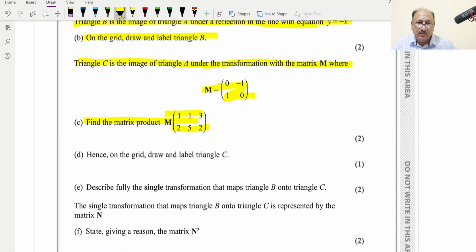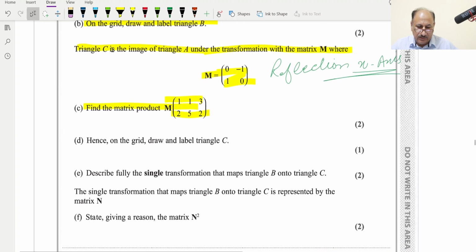If we check this matrix 0 -1 and 1 and 0, this is basically reflection along the x-axis, and find the matrix product. So matrix product also we have to find.